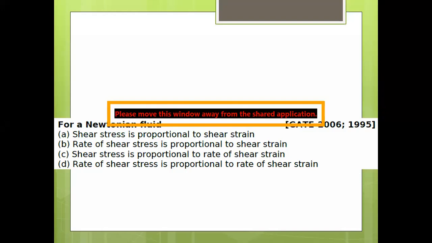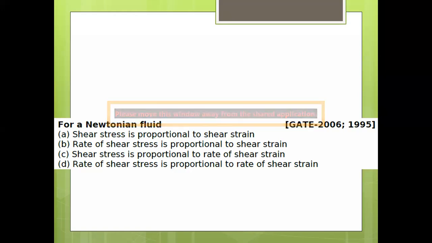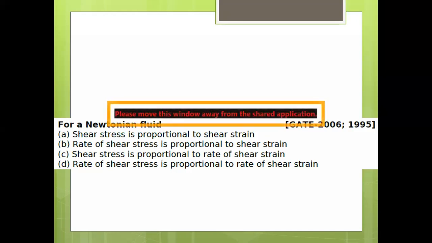See here, we are not talking about the rate of shear stress, it is just shear stress. You can see most of these 4 options are similar. But in the first option, they have given shear stress is proportional to shear stress. Means the first half is correct, but in the second half they are talking about only shear stress, not about the rate of shear strain.